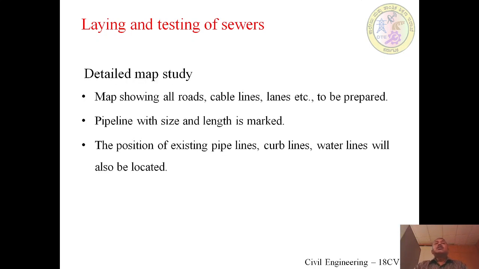Coming to the detailed map study, we have to show some details in the map regarding all existing roads, cable lines, lanes, etc. At the same time, pipelines with size and length are also to be marked. In addition, the position of existing pipelines, if any, curb lines, and water lines are also to be located in the map.